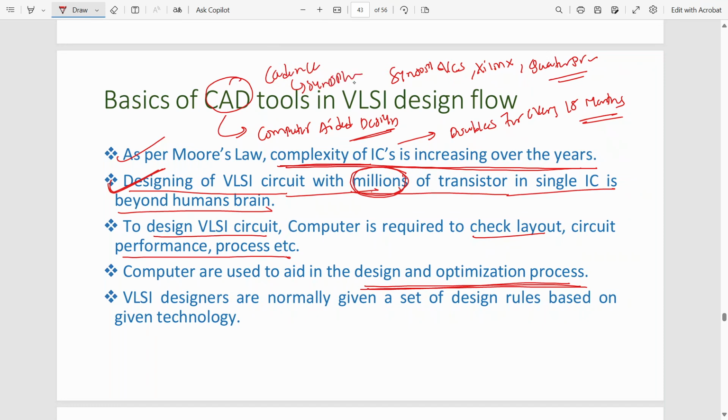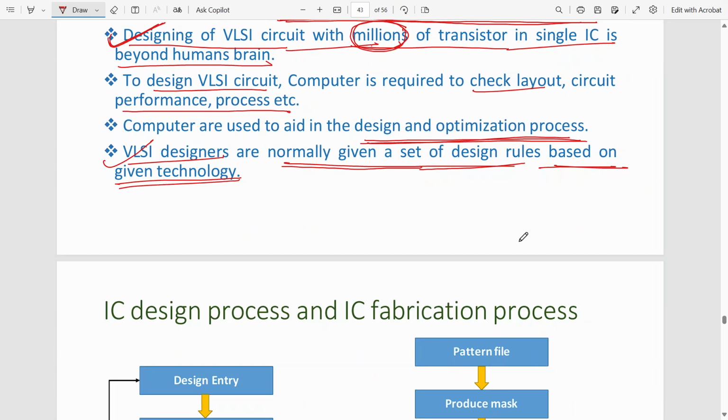These are some CAD tools which we need to guide by giving some guidelines, so that they do all the optimization and designing. The VLSI designers normally give a set of design rules to these CAD tools based on the given technology.